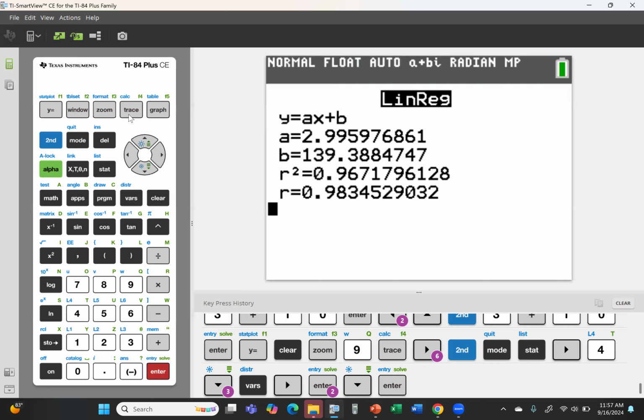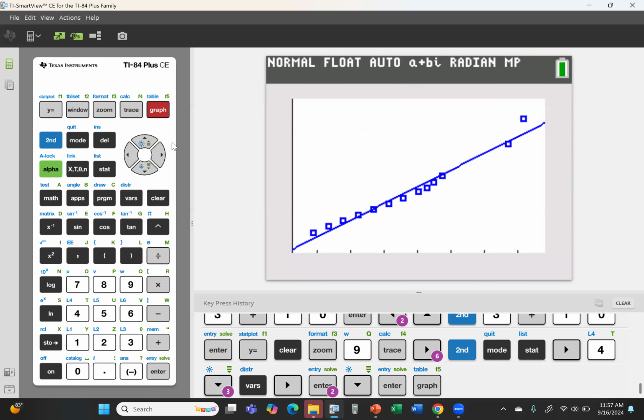Okay, so if I look at the graph now, the graph should be identical to what I did before.